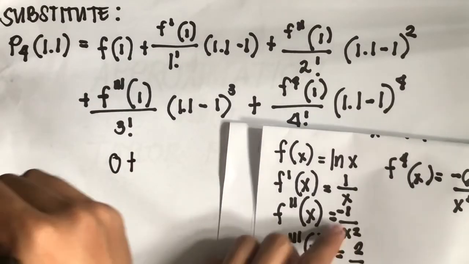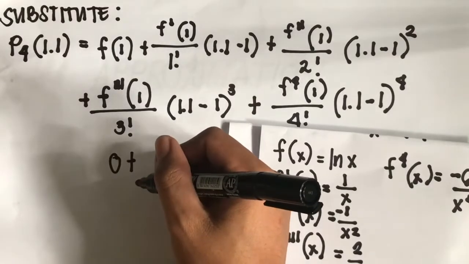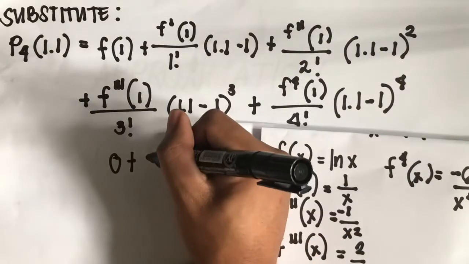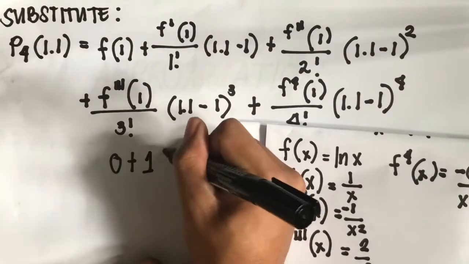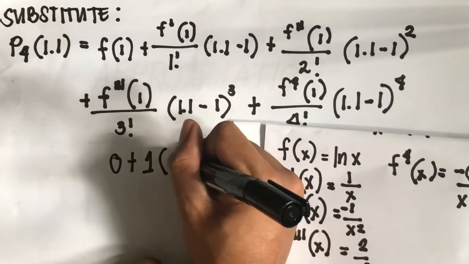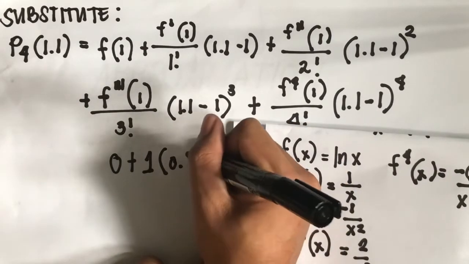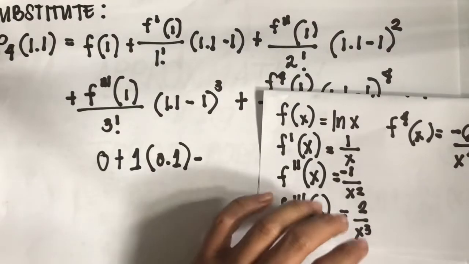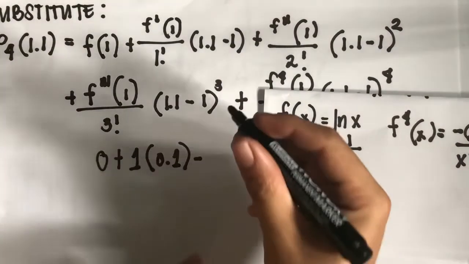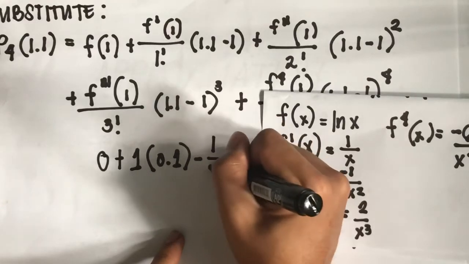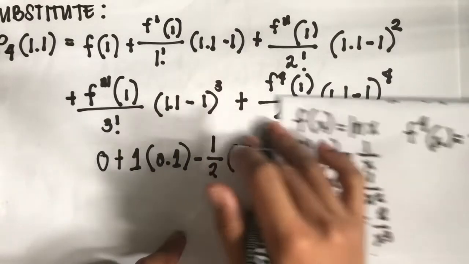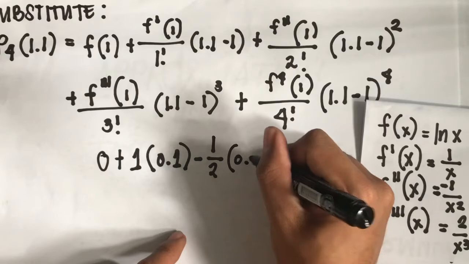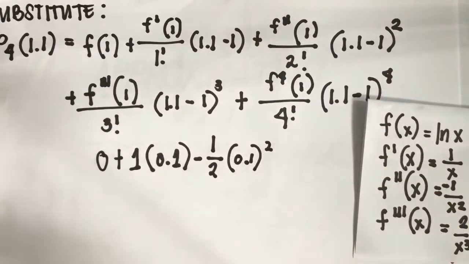Plus, for the first derivative, that's still 1, times the quantity 0.1, minus, for the second derivative, 1 over 2 times the quantity 0.1 squared.